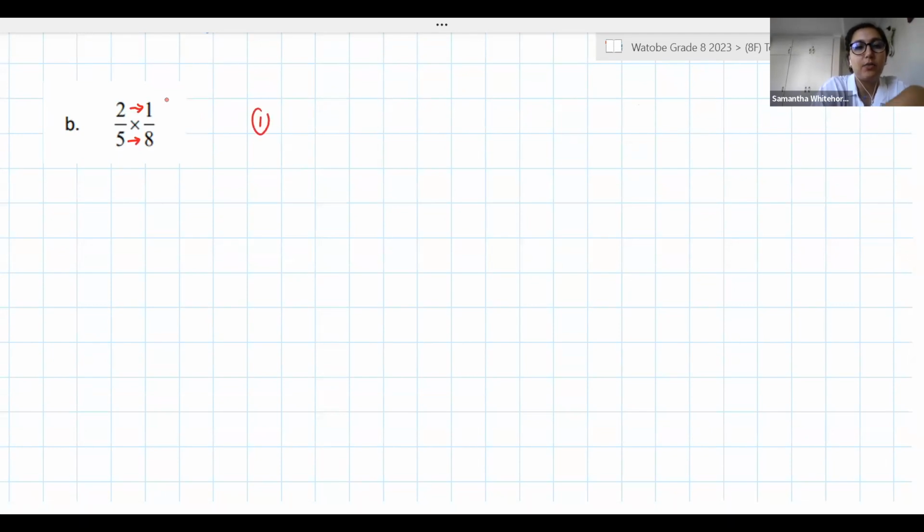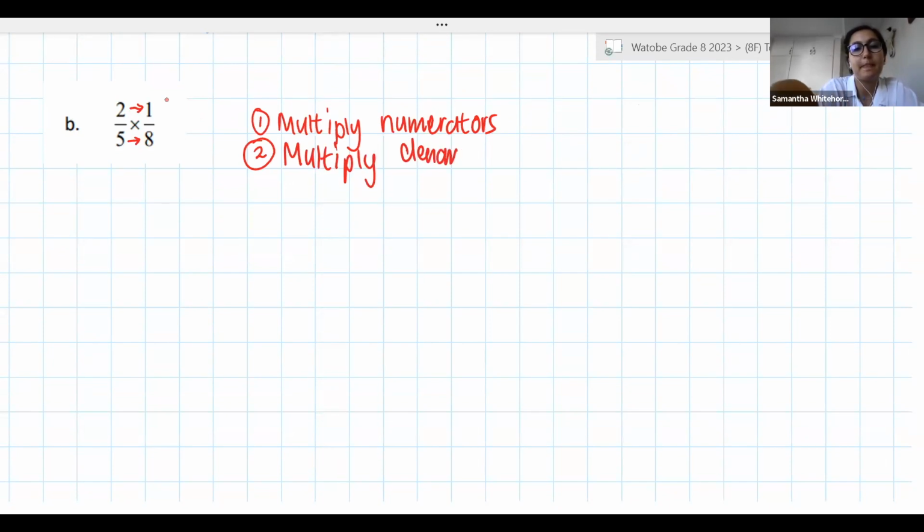So step one is to multiply your numerators. Then you multiply your denominators. And then we always double check if we can simplify our fraction.